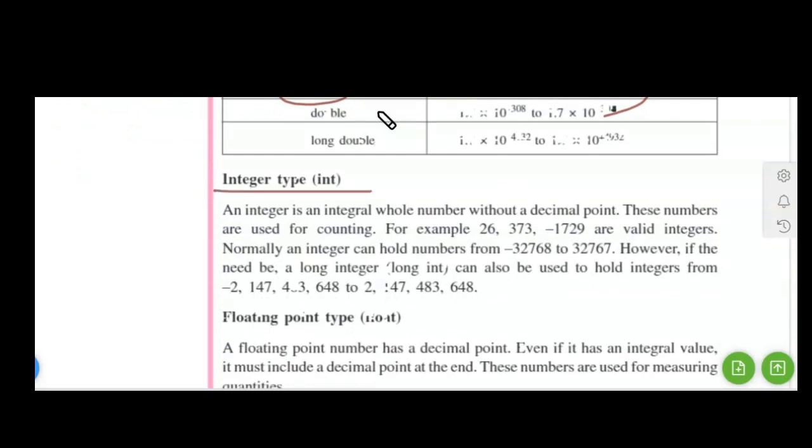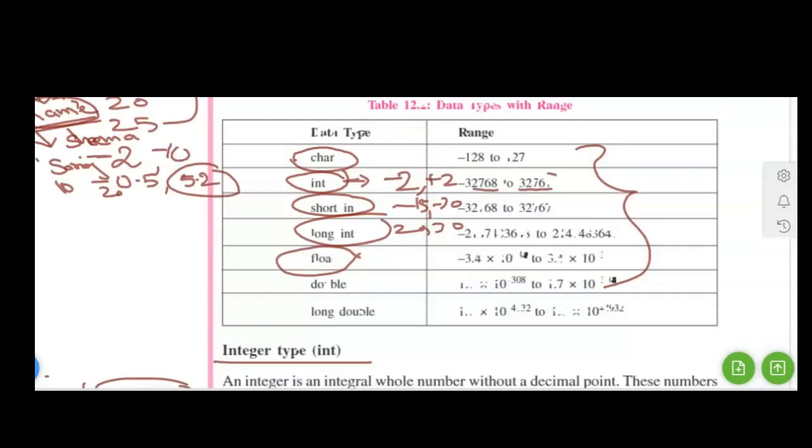For the integer data type, usually when you write a C program, it is written like this: int, then the name of the variable or identifier you are using. For example, int a = 7. You can enter any values in this range from here to here; it will take all of those values.